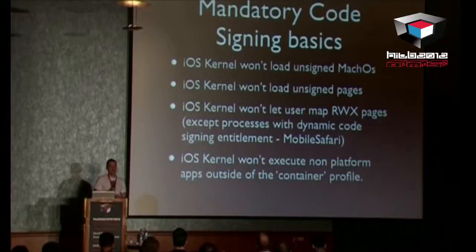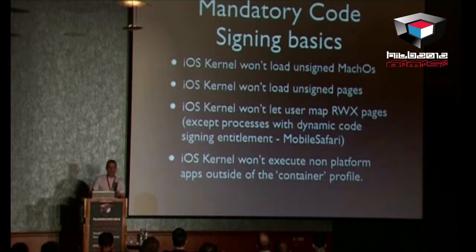And the well-known American guy, Charlie Miller, has found a hole in this process, this JIT enforcement, and was able to execute code in a legit App Store application. But unfortunately, this was closed in 5.0.1.